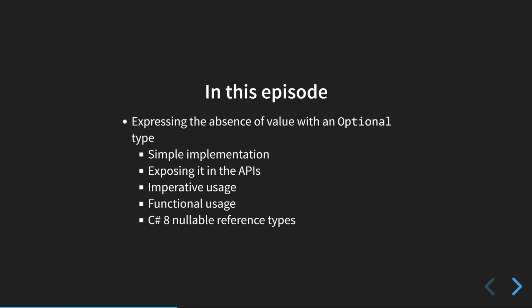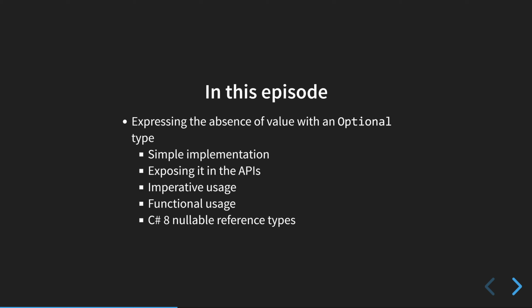If instead it returned an optional of such entity, for instance a group, now in that case we would know, okay, this might not find anything, so we must prepare for that. So that's probably the biggest problem of null. It's not explicit, it can just pop up from anywhere unexpected. So by using something like the optional type, we make it explicit that this may or may not exist.